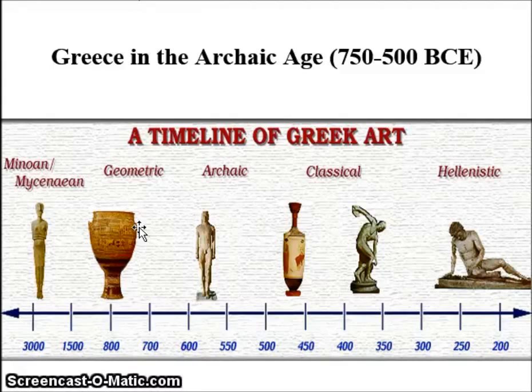And now, the Egyptian-based statuary that the Greeks will copy, giving rise to this not very lifelike form. Nevertheless, the Archaic Age, the old fashioned age, is based upon the type of art that archaeologists have recovered that can be dated to this 250-year span from 750 to 500 BCE.